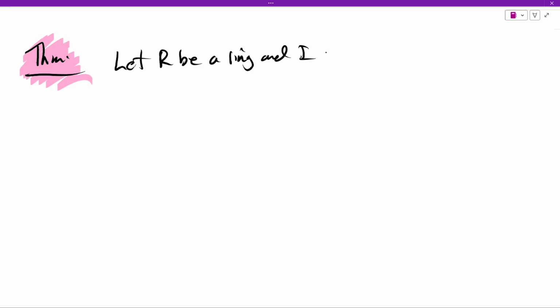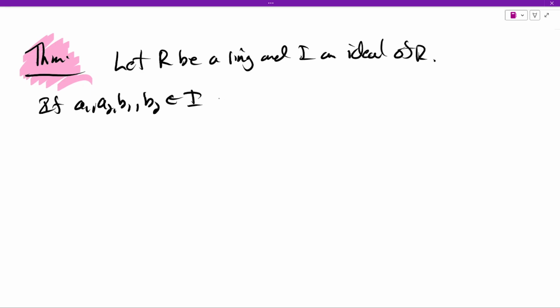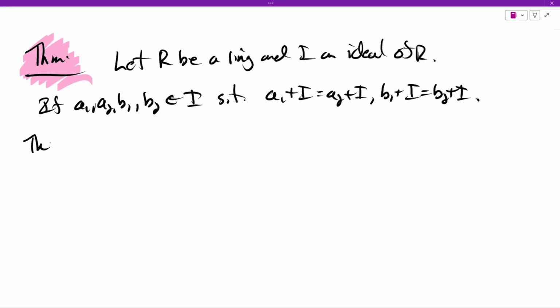And I an ideal of R. If we have elements a1, a2, b1, b2 in R, such that a1 is congruent to a2 modulo I, and b1 is congruent to b2 modulo I, then a1 b1 is congruent to a2 b2 modulo I. So what this is telling us is that multiplication modulo I is well defined.